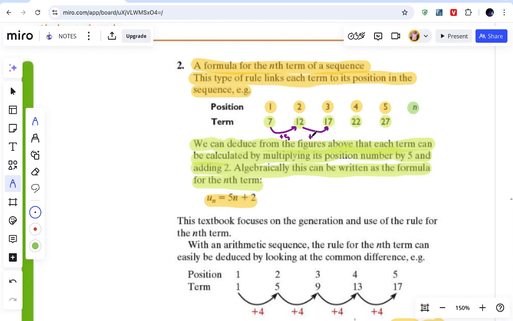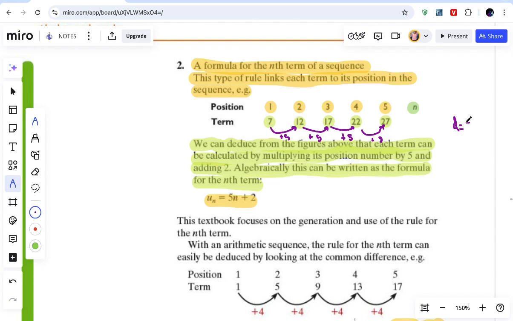So you have to test for all. 22 minus 17, you get also plus 5. Now we can be rest assured that this common difference is positive 5. 22 to 27 is plus 5. So our d, the common difference, is equal to 5.